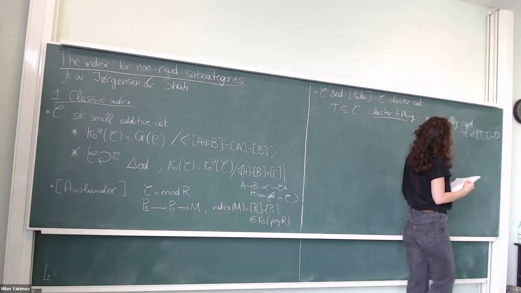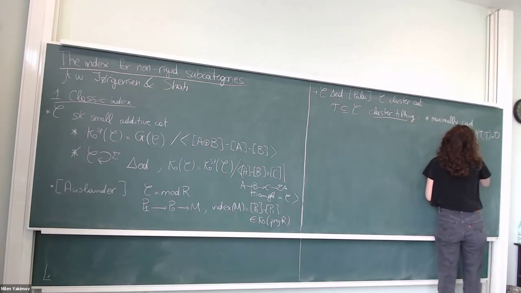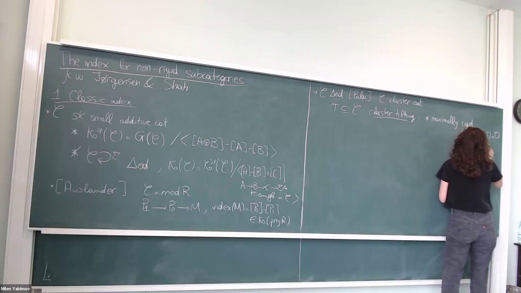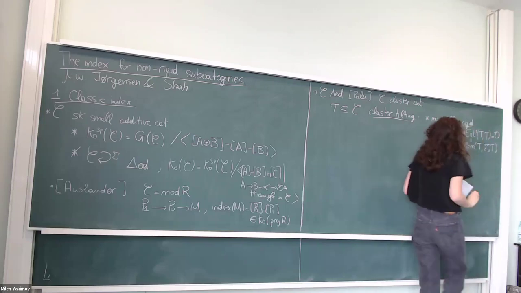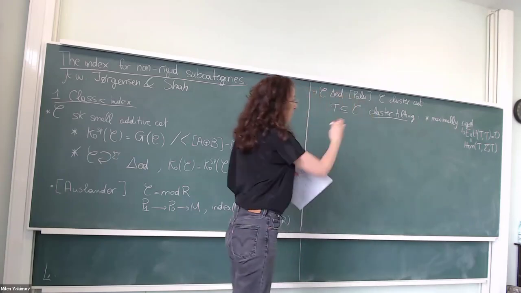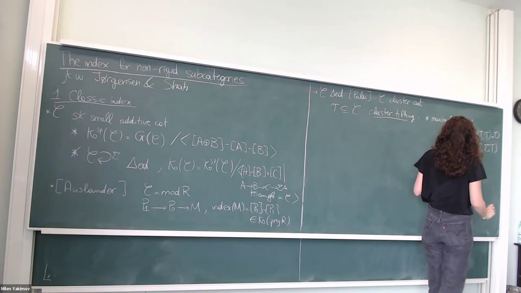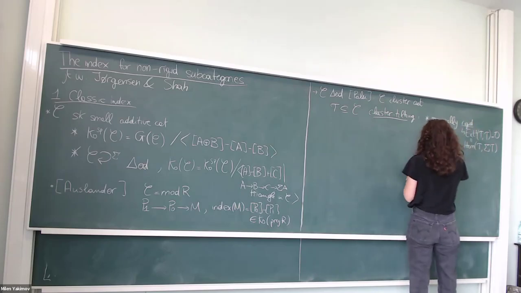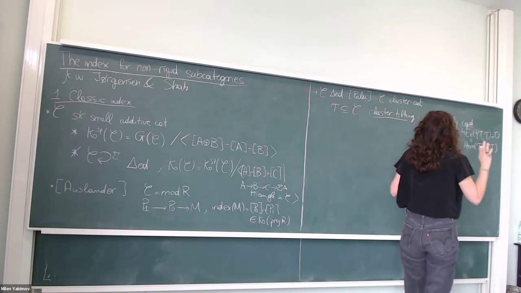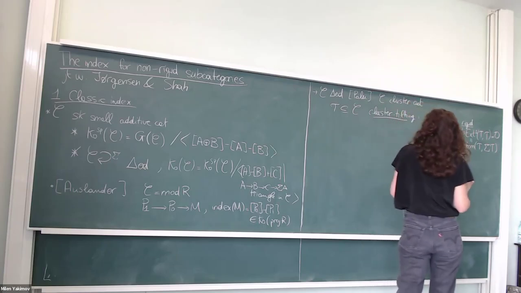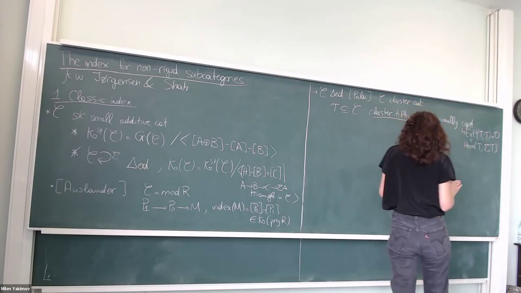And with these properties, Ext groups in triangulated categories are very nice. They're just some special spaces. So this is a bit easier to deal with if you want, but yes, this is maximal with respect to this property. And then I also want to be able to approximate objects in C with objects in T.